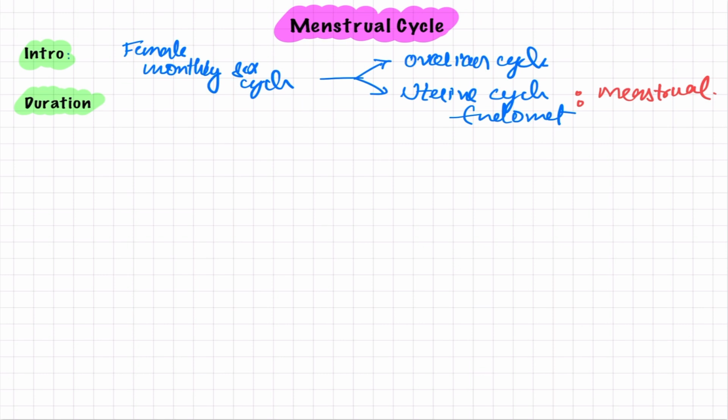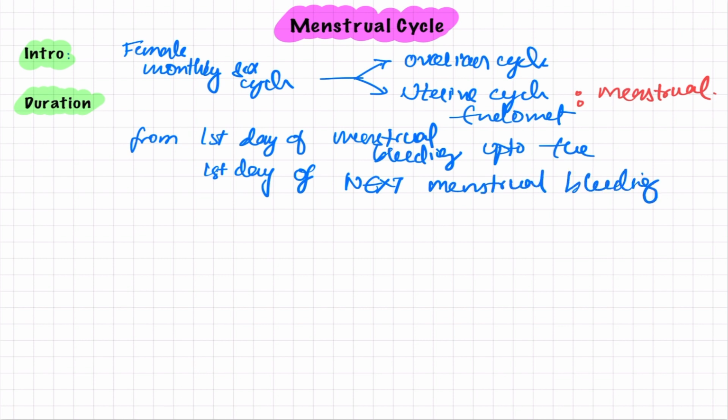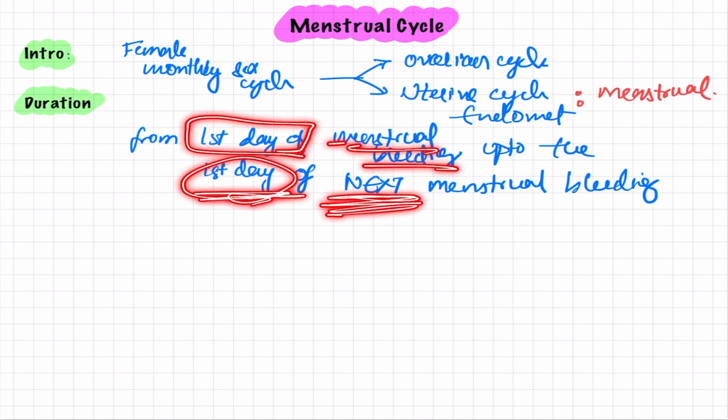In order to understand the duration and its variation, we must know one thing, that menstrual cycle duration is calculated from the first day of menstrual bleeding that is occurring in the females, up to the first day of the next menstrual bleeding.